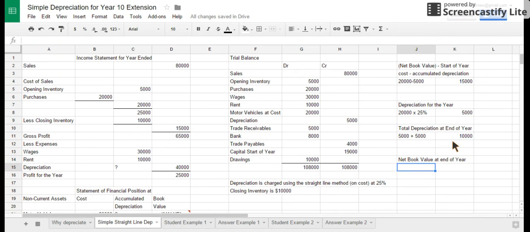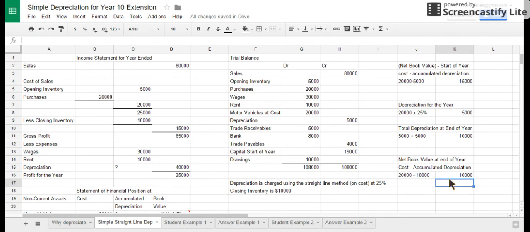The key formula is cost, take away accumulated depreciation, and that means all the depreciation from all of the years. So we do 20,000 take away 10,000, and that tells me we've got a net book value on this motor vehicle that's now only 10,000.